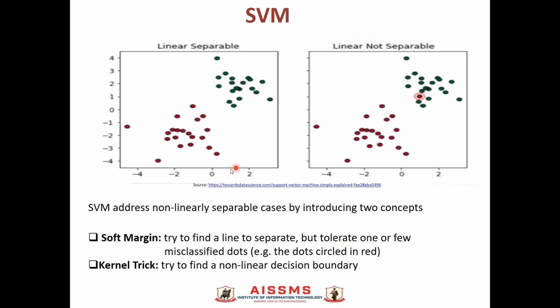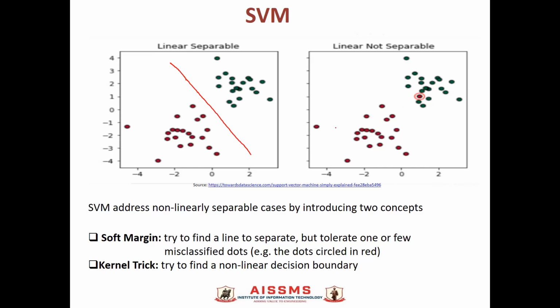In soft margin, we try to find a line to separate but tolerate one or a few misclassified dots. In this case we can see that these are linearly separable data points. A simple linear line can easily separate such data points. But in this case we can observe that these data points are linearly not separable. If we try to put such a line in this case also, then it will misclassify this data point as a green data point.